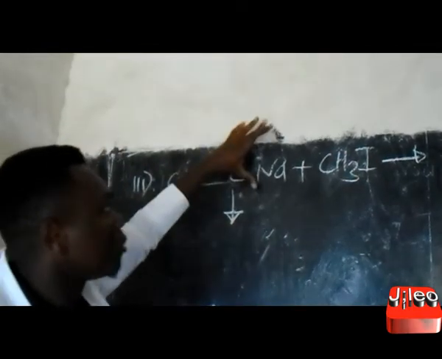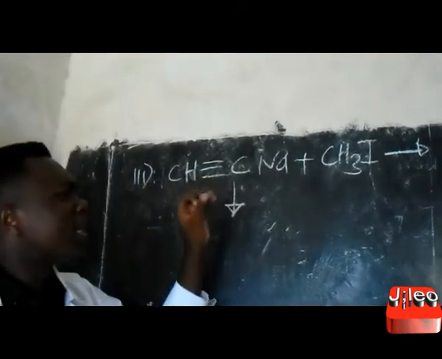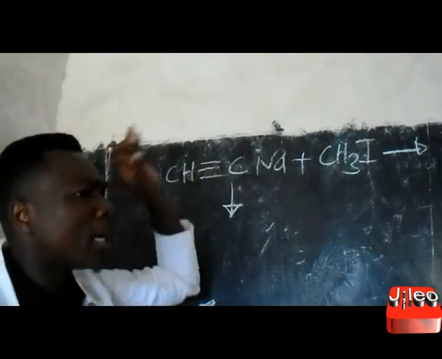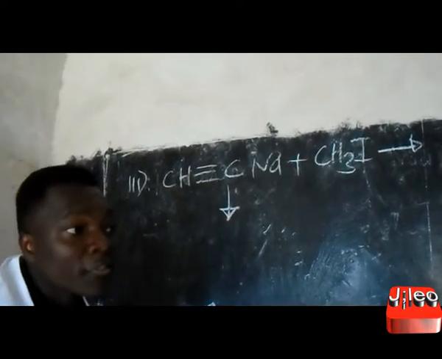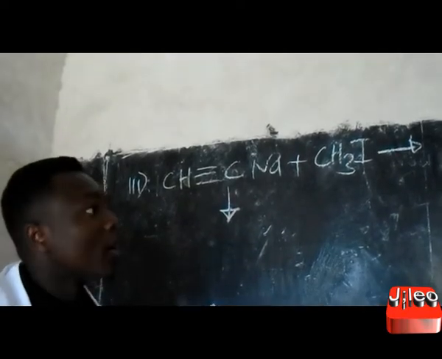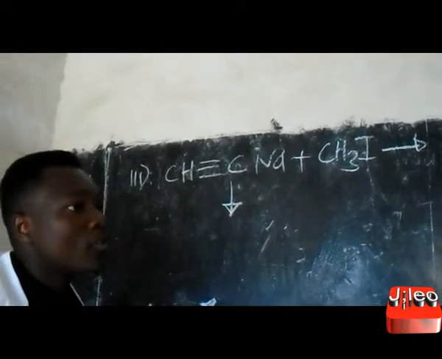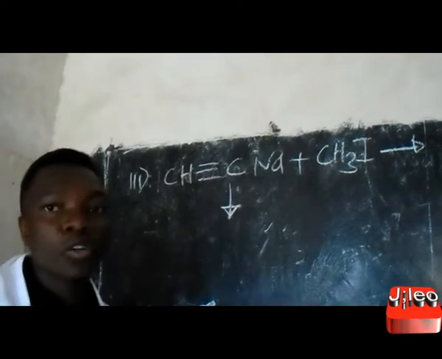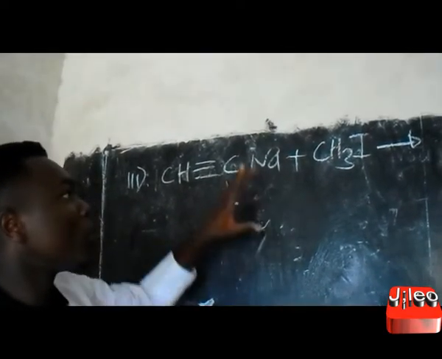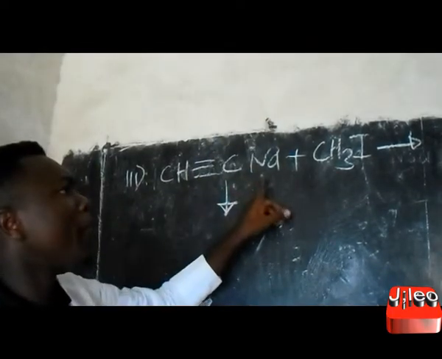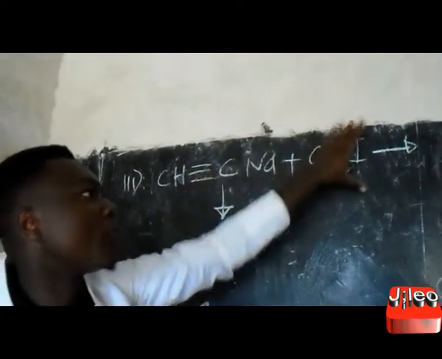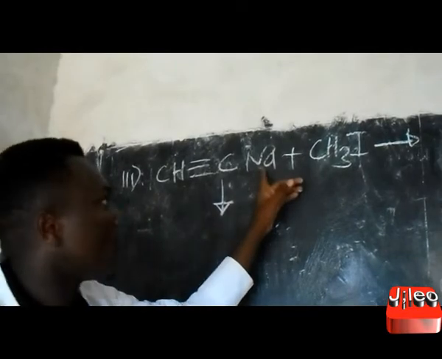An electrophile cannot react with an electrophile, so when you find an electrophile reacting with an electrophile, no reaction. The same when you find a nucleophile reacting with a nucleophile, no reaction. So the reaction can take place only if an electrophile reacts with a nucleophile, like what we are going to do here.